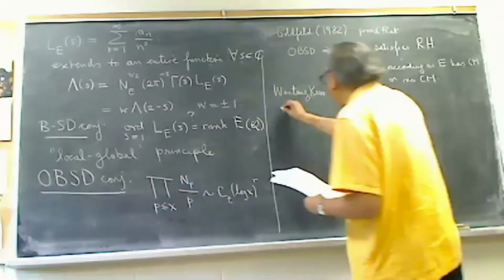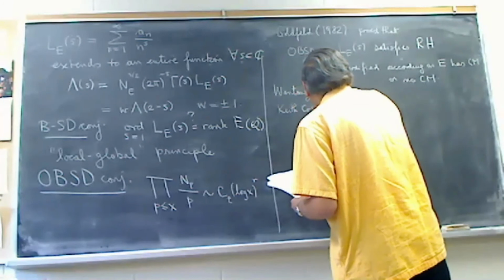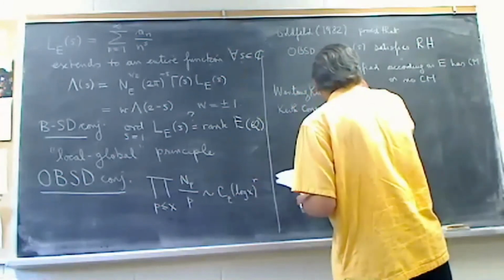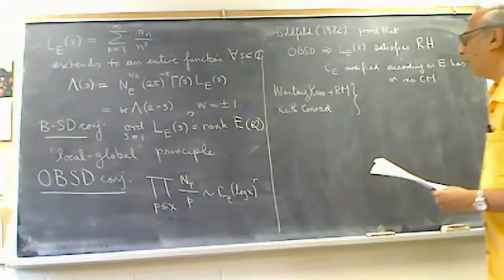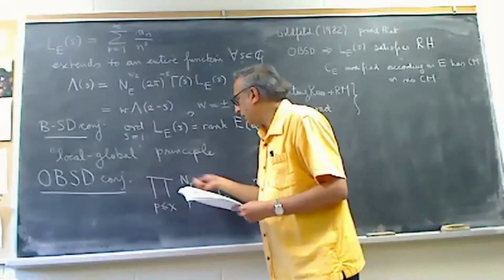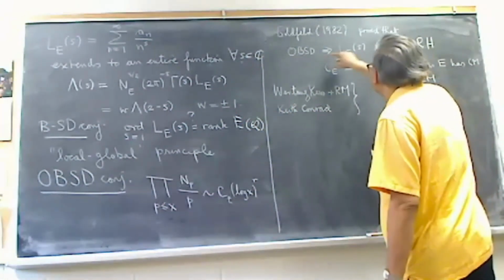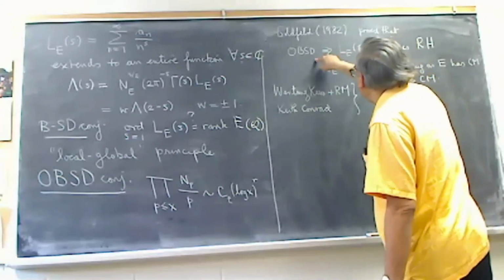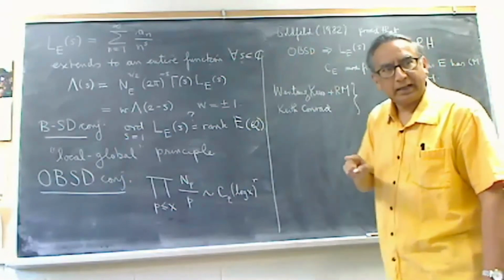There's another parallel paper around the same time by Keith Conrad, and all of us observed that, we were trying to figure out what is this conjecture and how does it relate to the Riemann hypothesis. I mean, it implies the Riemann hypothesis, but does it go the other way? That's one of the questions. Does it go the other way? And the answer to that is it doesn't go the other way.